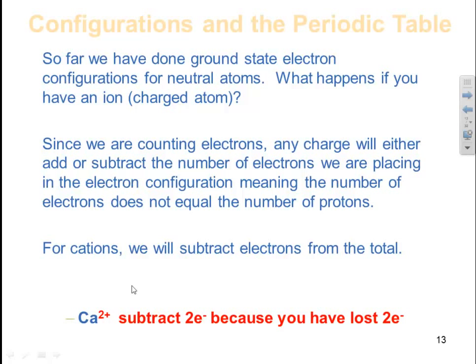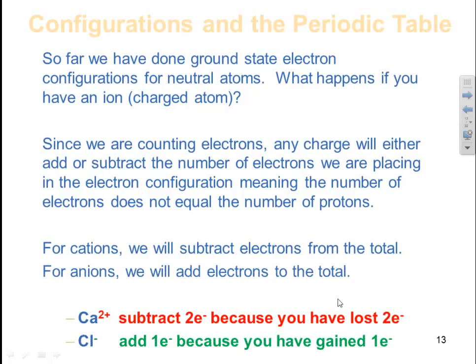Calcium 2+, that means I have 2 more protons than I have electrons, so we're going to subtract 2 electrons because it has lost 2 electrons. For anions, we will add electrons to the total. Chlorine minus tells us we have 1 more electron than we have protons, so we add 1 because we gain an electron.